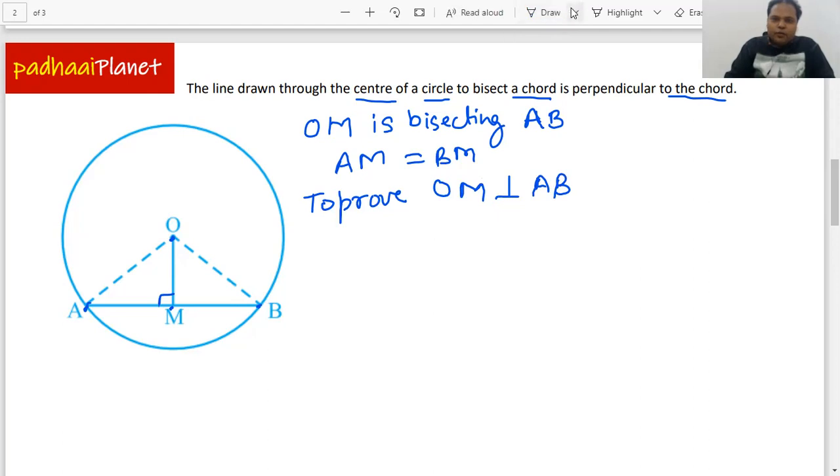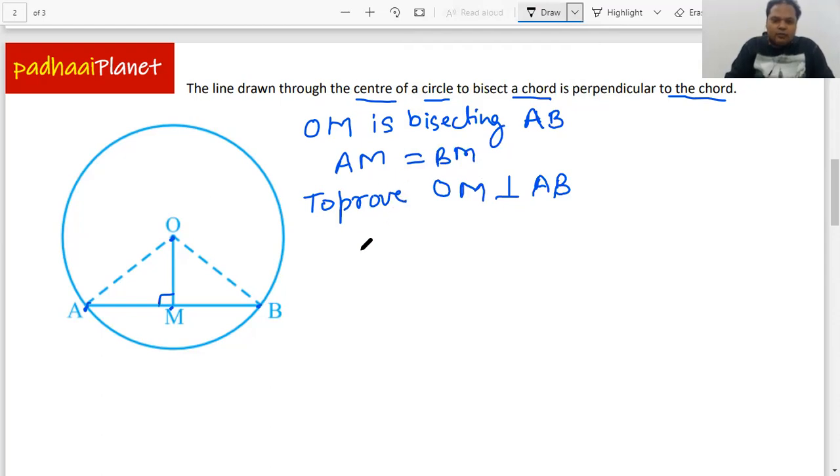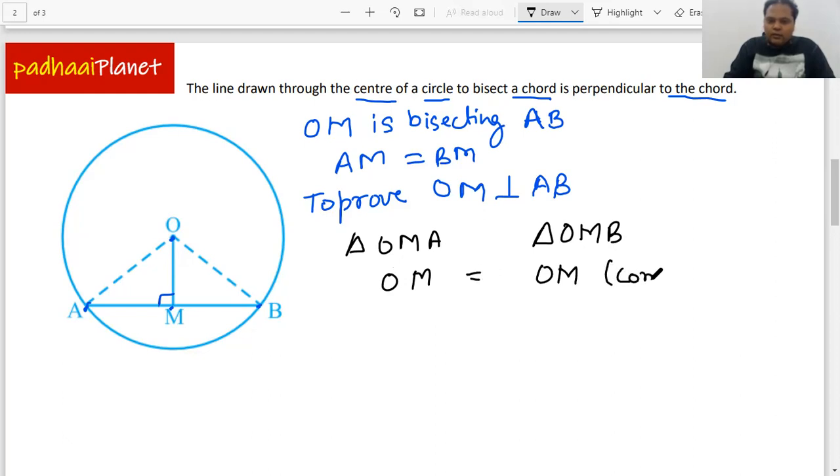What we are going to do is consider again two triangles: triangle OMA and triangle OMB. One simple thing is that OM is common in both triangles. It's the common side.